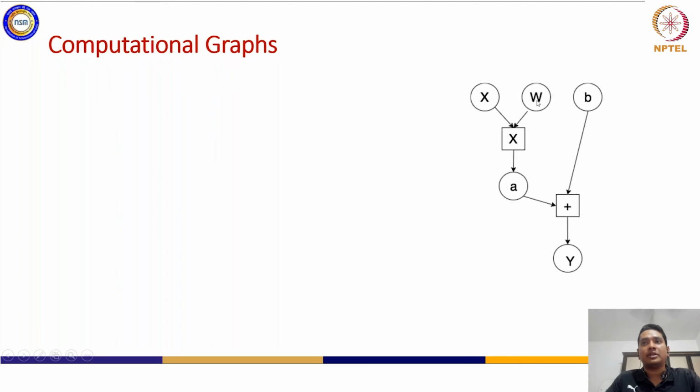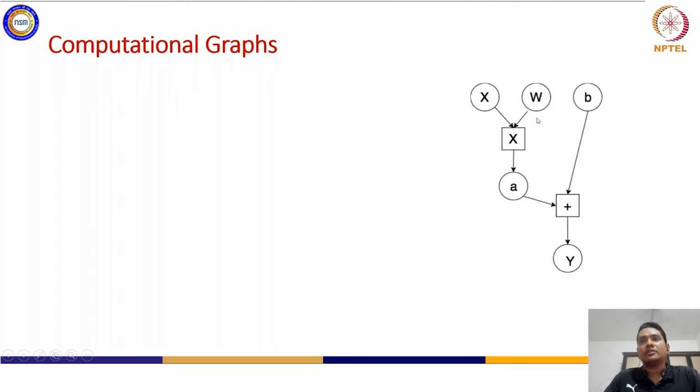These are the parameters whose values you want to get after training this neural network, and B is the bias. So let's say these three are the inputs to your neural network. I hope you have revised the neural network concepts to understand computational graphs.